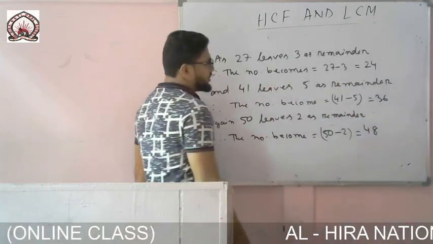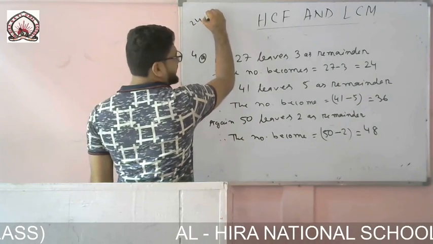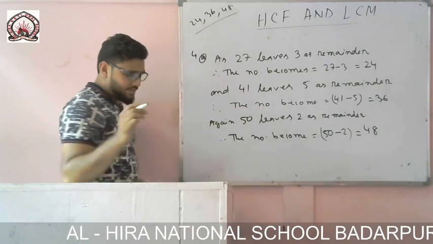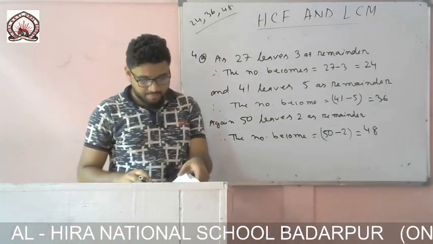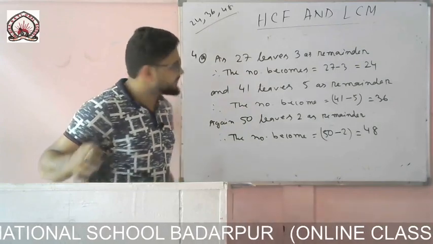Okay, so the numbers that came are 24, 36, 48. Now we need to find the HCF of these three.